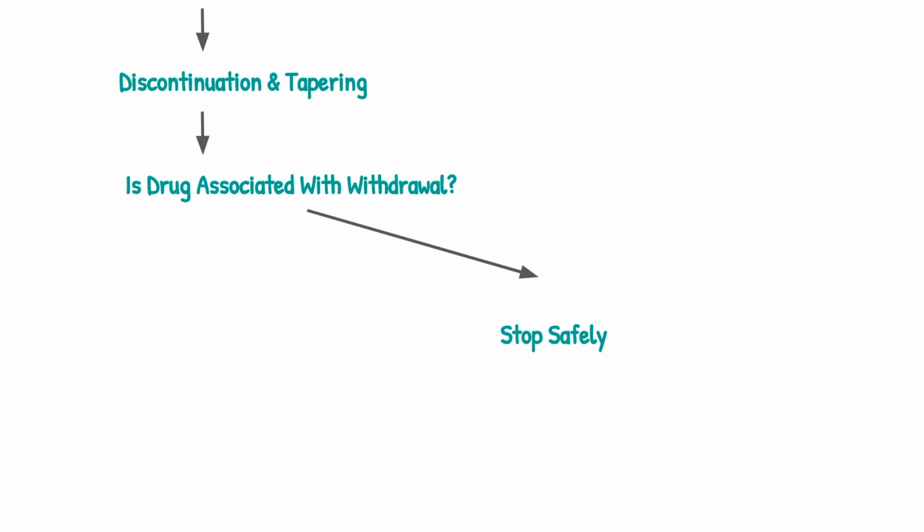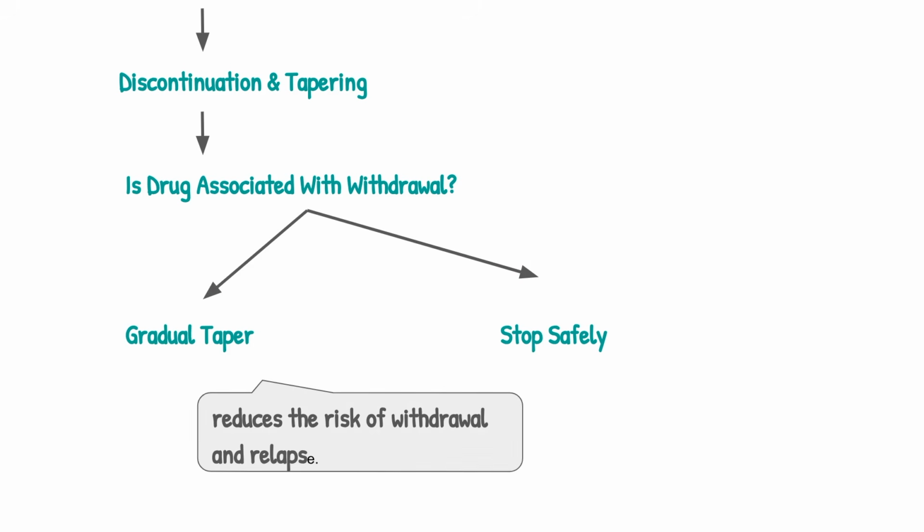Medications such as benzodiazepines, antidepressants, and some antipsychotics commonly require tapering. Slow dose reduction allows neurobiological adaptation and reduces the risk of withdrawal and relapse. The tapering schedule should be individualized based on duration of use, dose, and patient vulnerability.